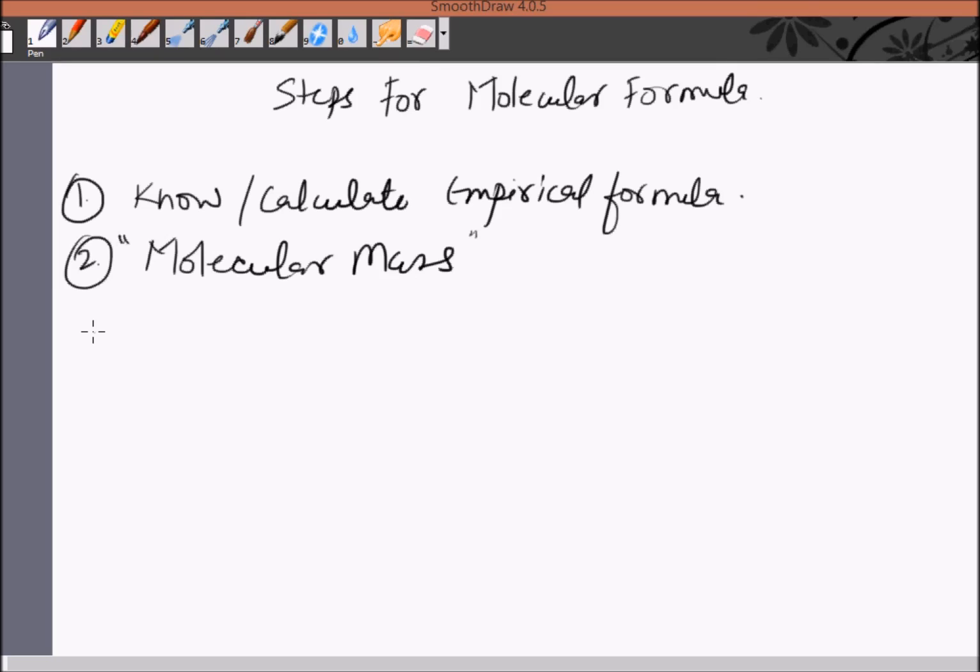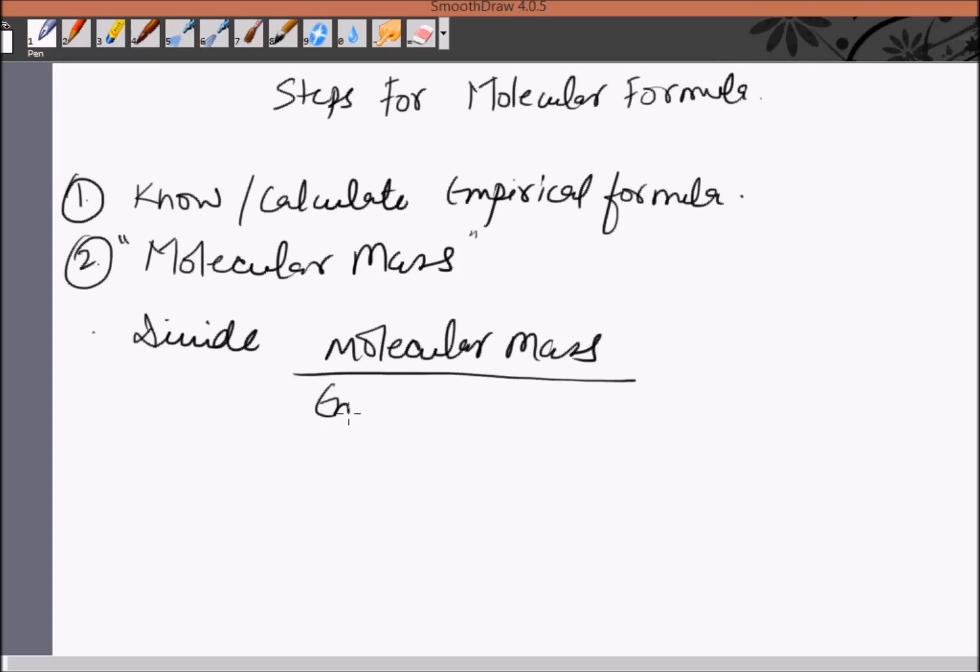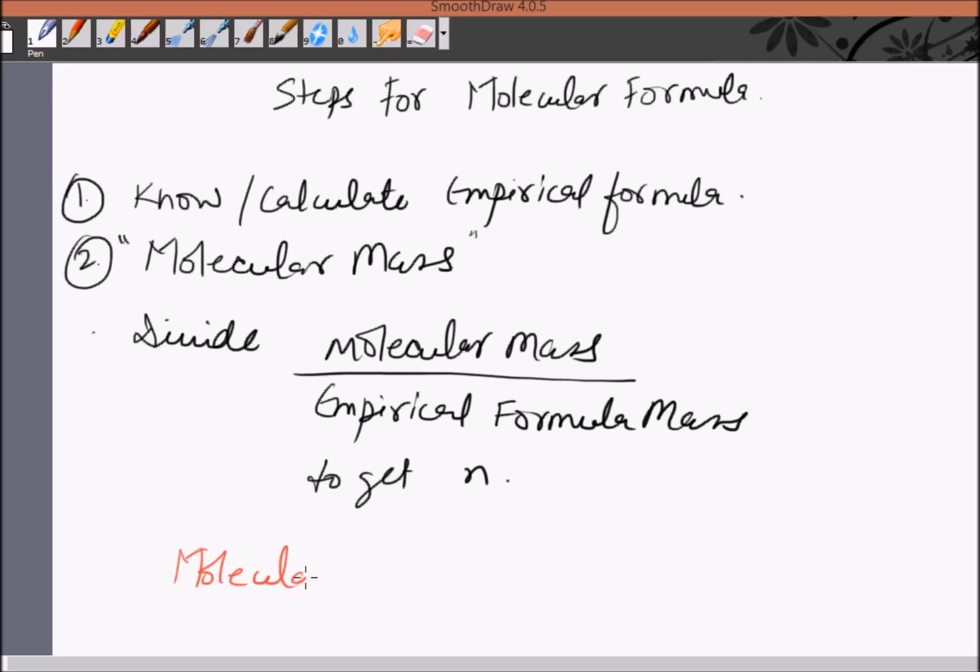So in this second step, we just have to divide molecular mass upon empirical formula mass to get N. So after getting N, it's very simple to put the values in the main expression, which is molecular formula equal to empirical formula by N. So let's understand by a simple example.